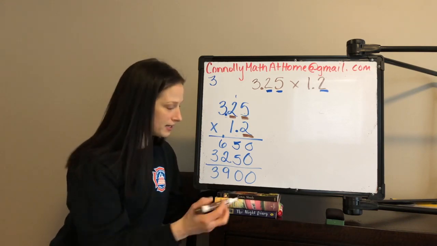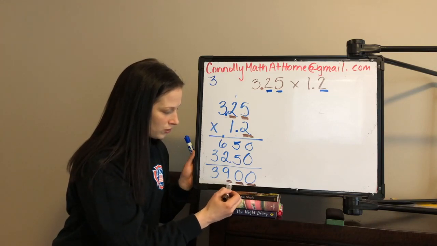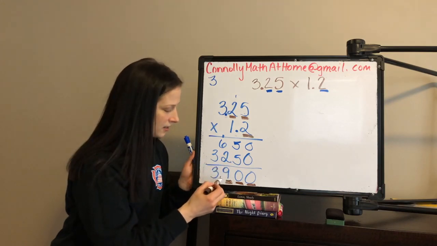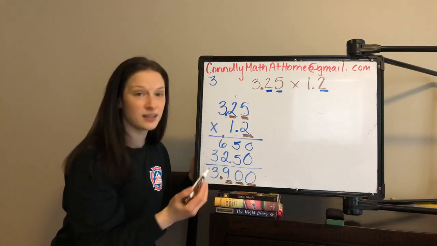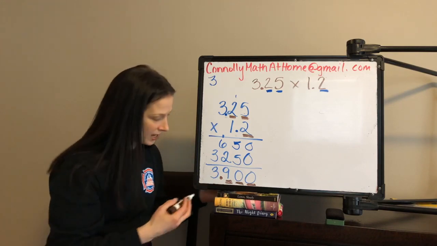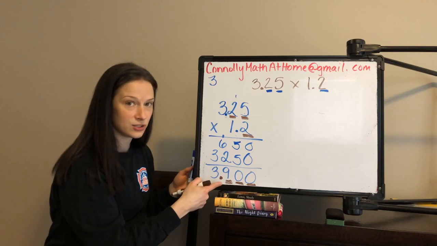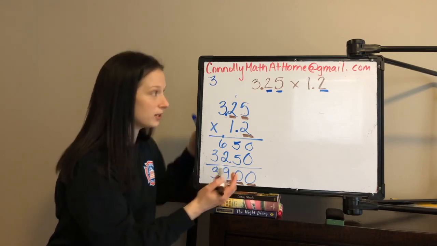So how many do I need to have? 1, 2, 3 digits to the right of the decimal. Okay, I check my estimate, feels good. Okay, if you wanted to write this as 3 and 9/10, because you know that's an equivalent decimal to 3 and 900 thousandths, you could.